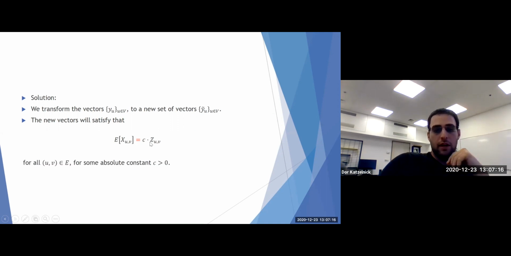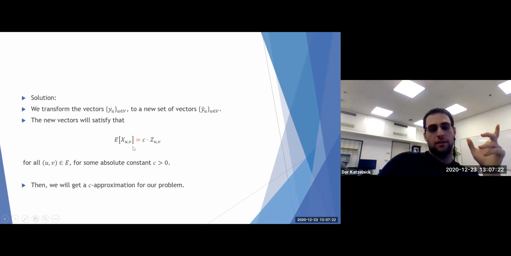And then we will get a C approximation for the problem. Again, because these numbers can have different signs, they can have negative sign, we want to transform the vectors in a way that this will hold for every edge in the graph.